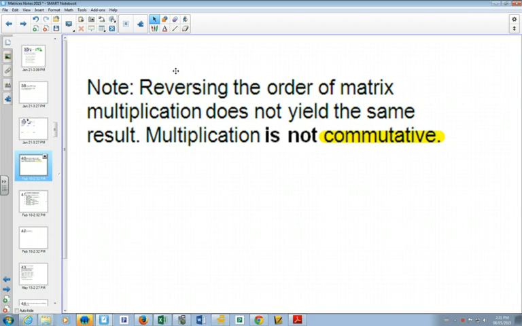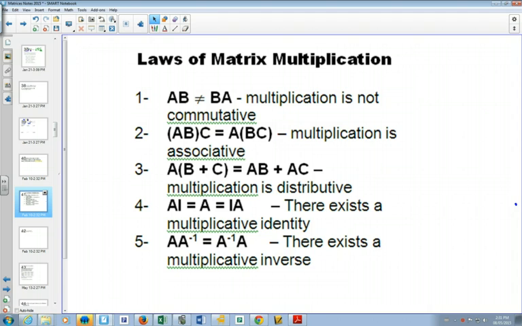So here are our general rules for matrix multiplication. And here are the fancy words, commutative. It is associative, meaning that when you are multiplying 3 things together, you can either do the first 2, A times B, and then multiply by C, or you could have done B times C and then multiplied by A. You can distribute.